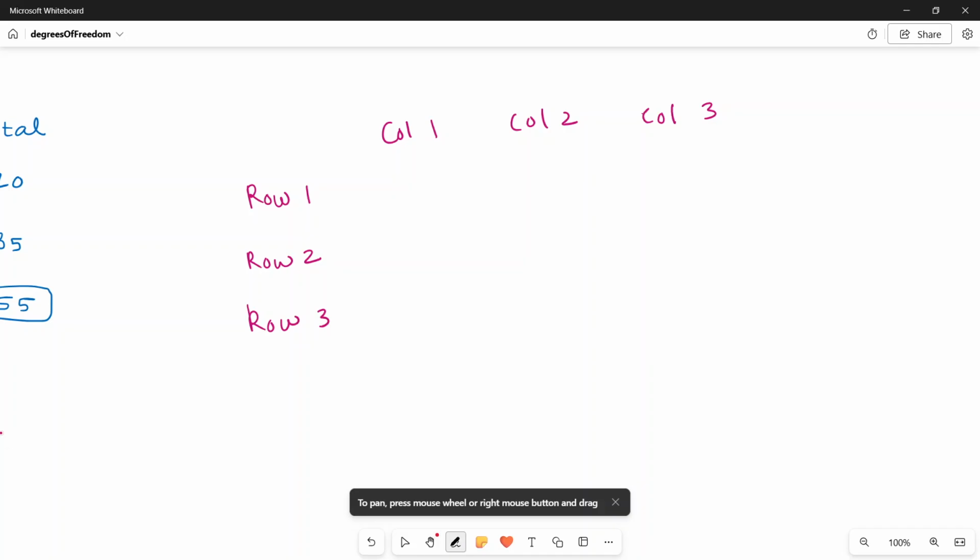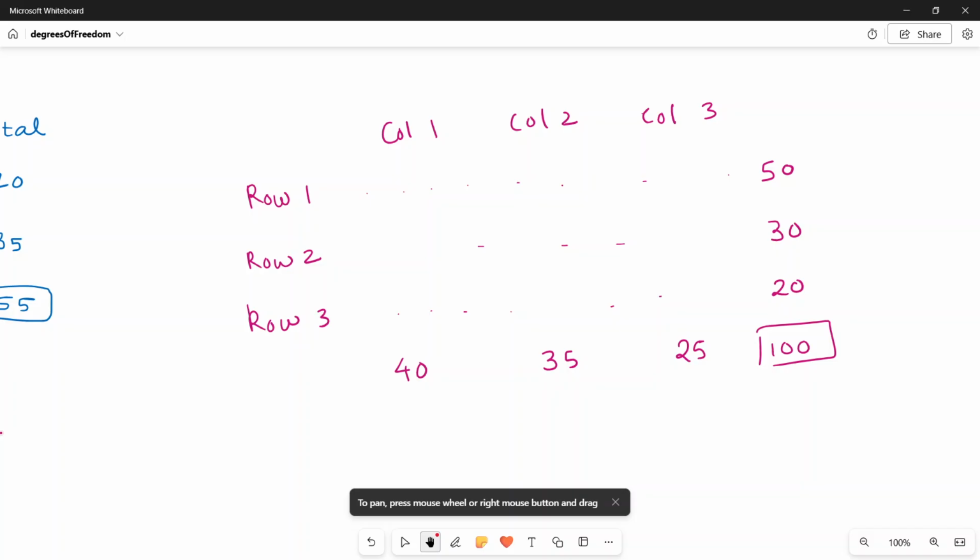Let's say the total along row 1 we know to be 50, total along row 2 we know to be 30, and arbitrarily this is 20, making it a perfect 100. And let's say the total along column 1 is 40, total along column 2 is 35, and total along column 3 is 25. So we know the totals, but we don't know the exact details of these 9 cells in this table. The grand total we also know, that is 100.